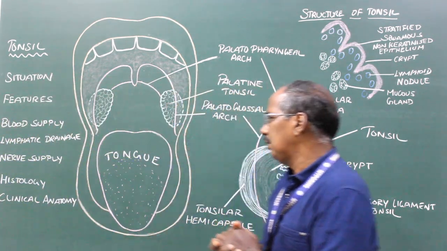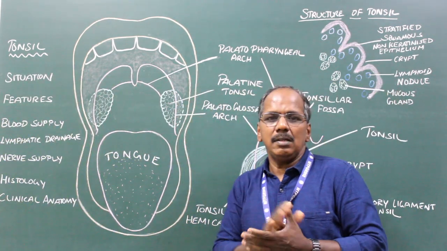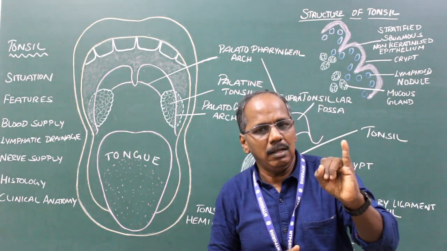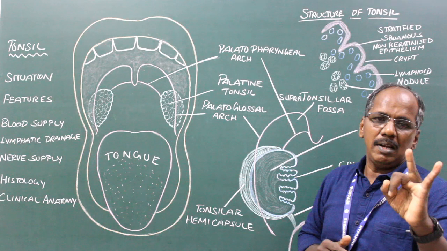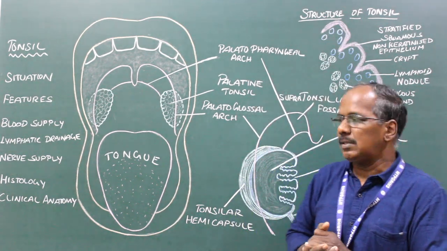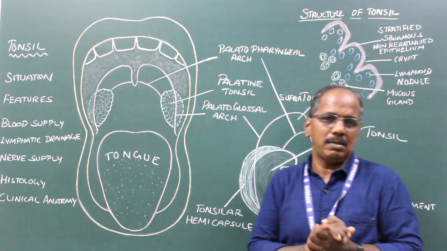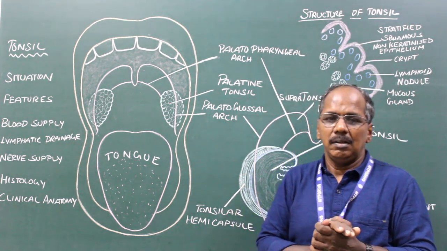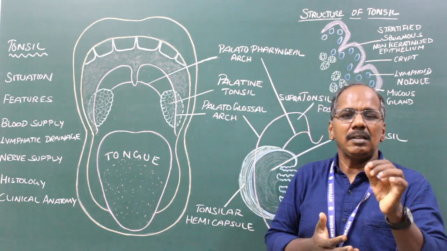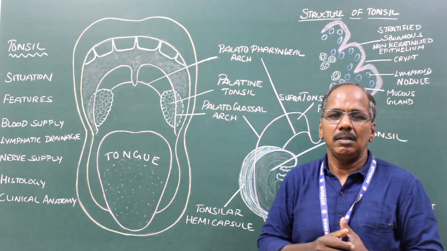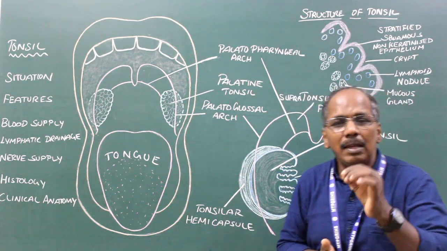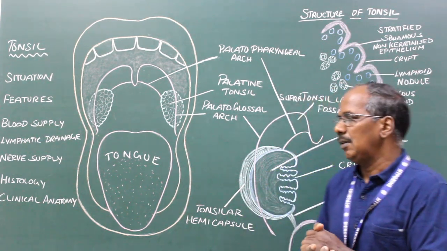Blood supply: the tonsil is supplied by the tonsillar branch of the facial artery, the ascending pharyngeal artery, and branches from the lingual and maxillary arteries. Venous drainage: the paratonsillar vein drains the venous blood from the tonsil, which in turn drains into the pharyngeal venous plexus.